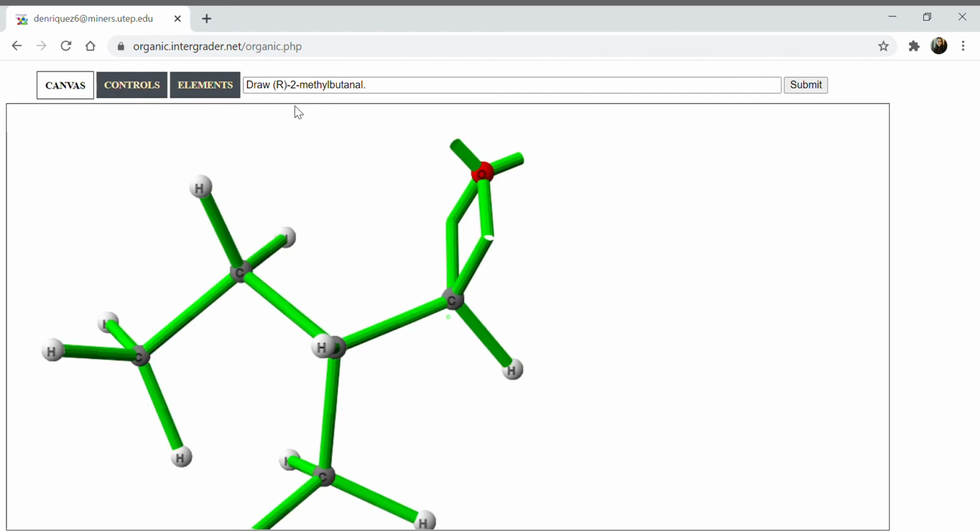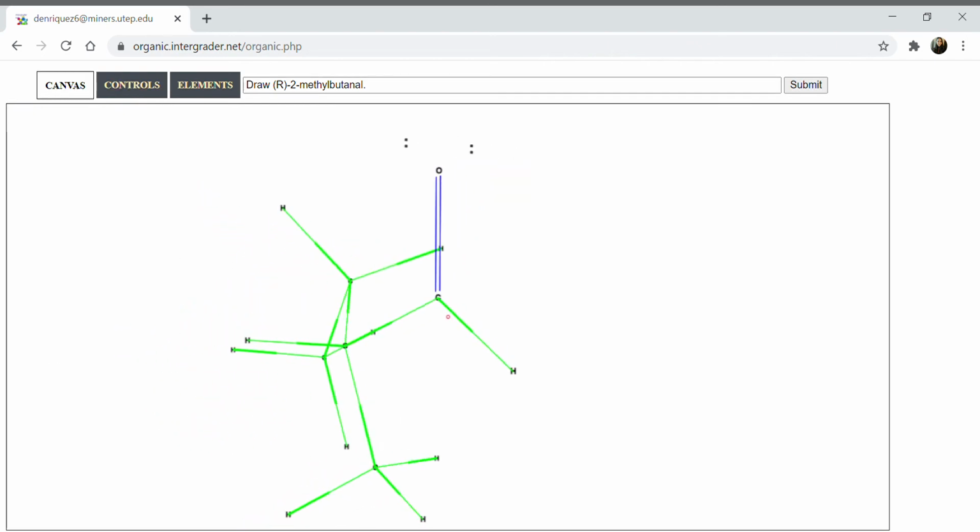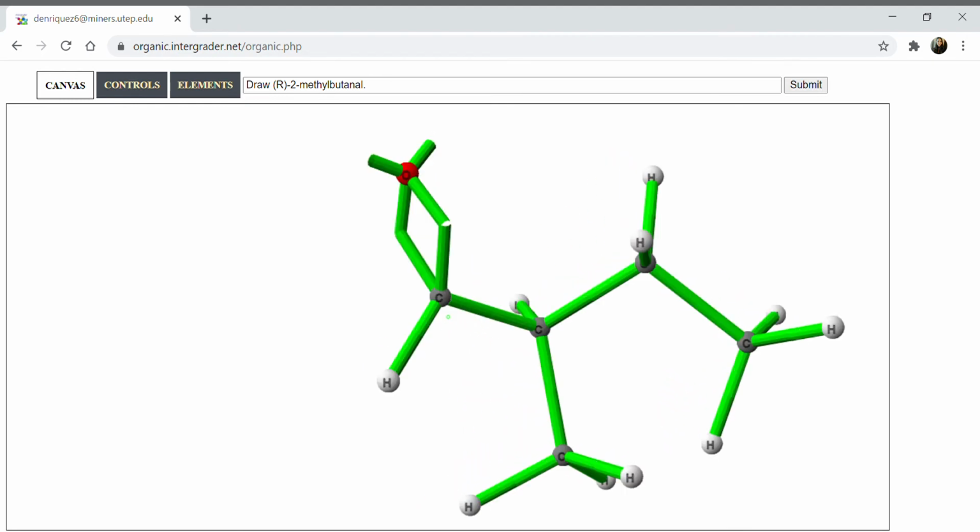And we see R, so we have to decide if this is the R or S conformation. This one is going to be our highest priority, and then the long branch, and then this one. So this would be R, since it's going clockwise. Then just to show how I counted, you go 1 bond out, you get 1 carbon, 1 carbon, 1 carbon, same priority, so we go out 1 more.